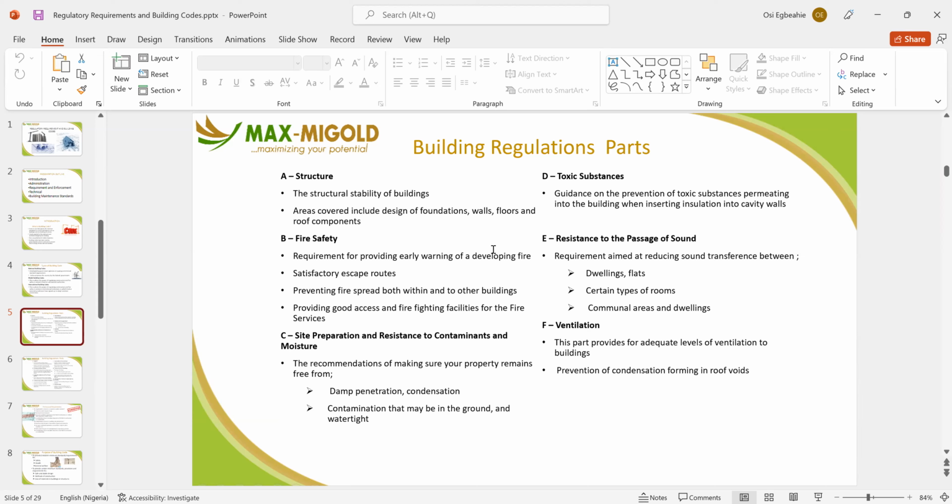Resistance to the passage of sound. This is looking at sound attenuation, where you are required to reduce sound transference between dwelling flats, between certain types of rooms, and between communal areas and dwellings.